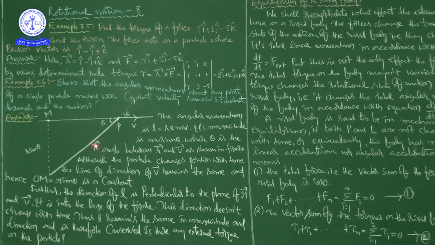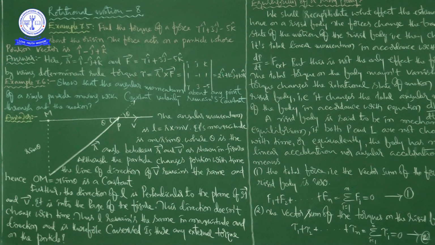When this is r, it is r cos theta, and this is r sin theta. When this is theta, this also becomes theta. So this is the picture regarding a single particle.